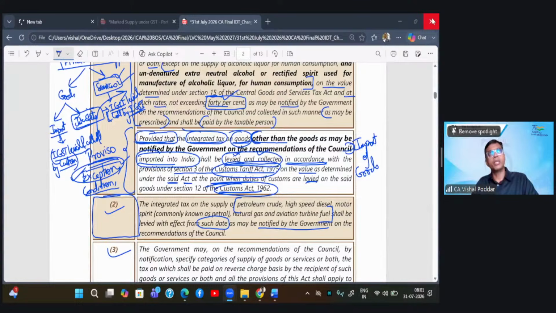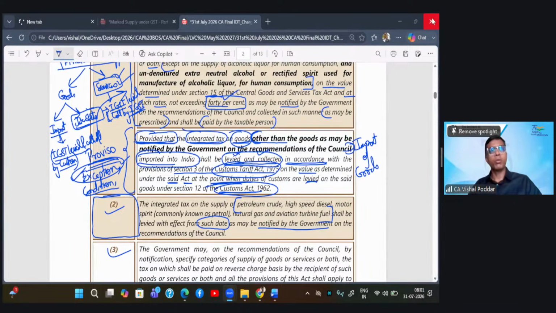Now, answering your question, if import of goods is happening without consideration, see, if anything is happening without consideration, there can be no IGST, because for levying IGST, there has to be a supply. Supply requires consideration, and only import of service has that relaxation that if it is done without consideration, it will be allowed.